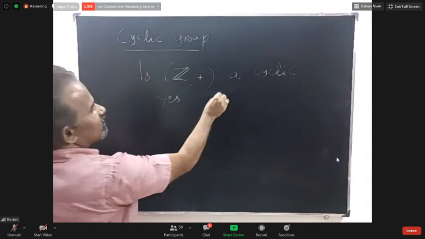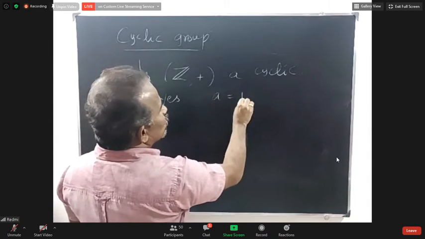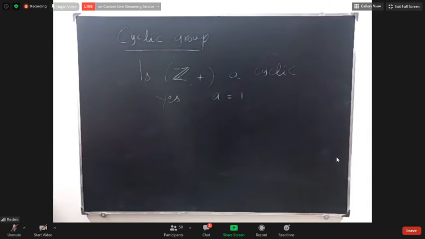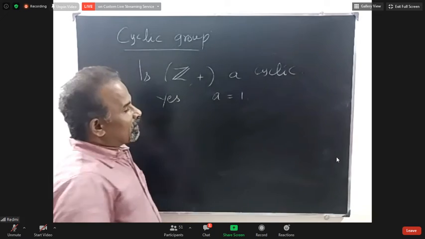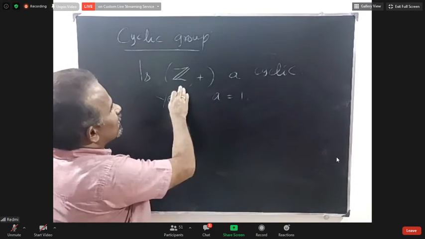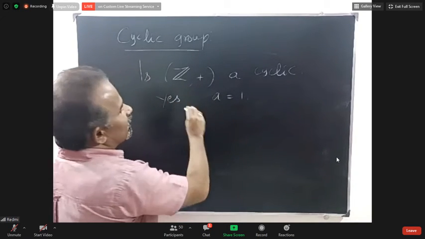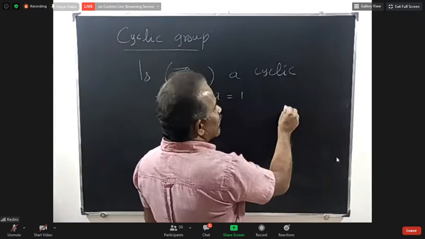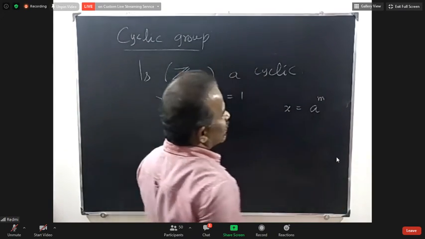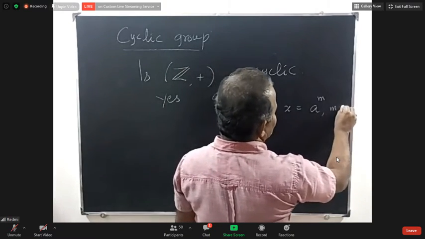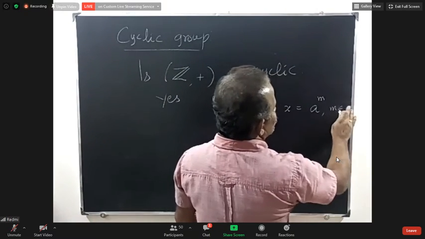The generator is a = 1. So in a multiplicative group, any element x can be written as a to the power m, where m belongs to Z.